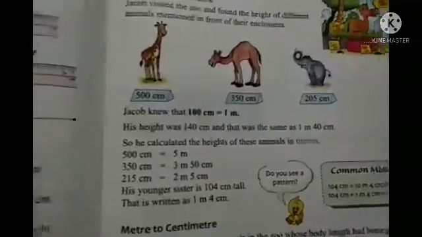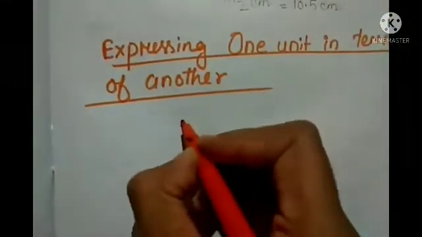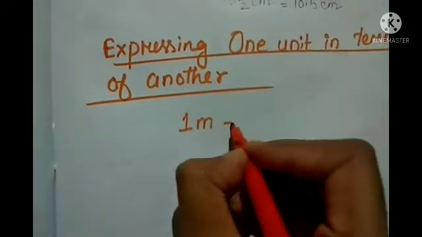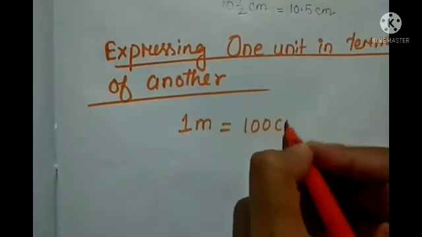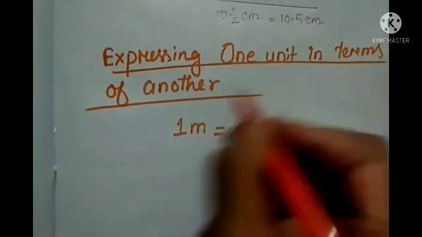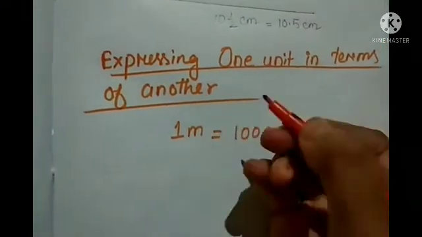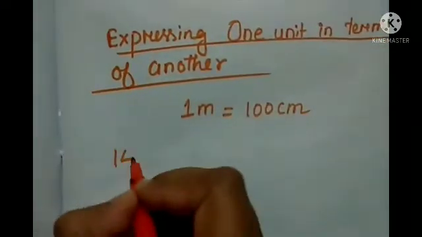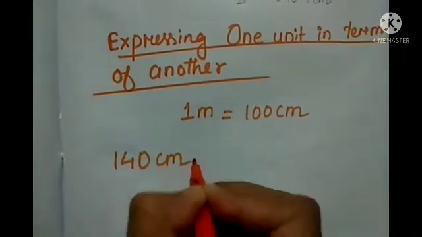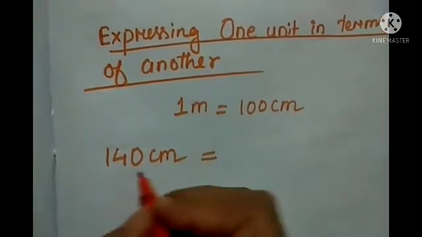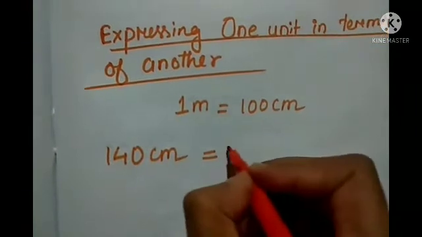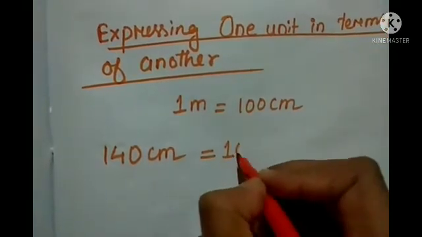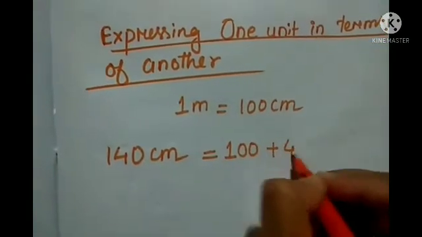According to the formula, we know that 1 meter is equal to 100 centimeter, or you can say 100 centimeter is equal to 1 meter. Now, if it is given 140 centimeter, that can be written as 100 plus 40, isn't it?